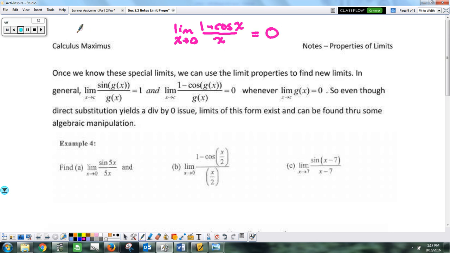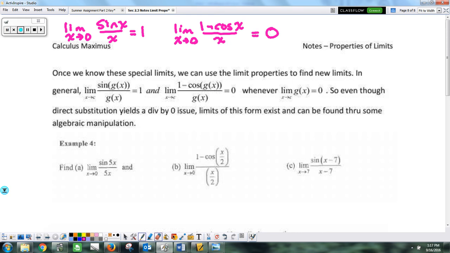So just justify to yourself as needed that the limit as x approaches 0 of sine of x over x, which of course is that 0 over 0 indeterminate form, which means do more work, is always equal to 1, which we proved by the sandwich theorem and you can verify on your calculator, and that the limit as x goes to 0 of 1 minus cosine of x over x is going to be 0.